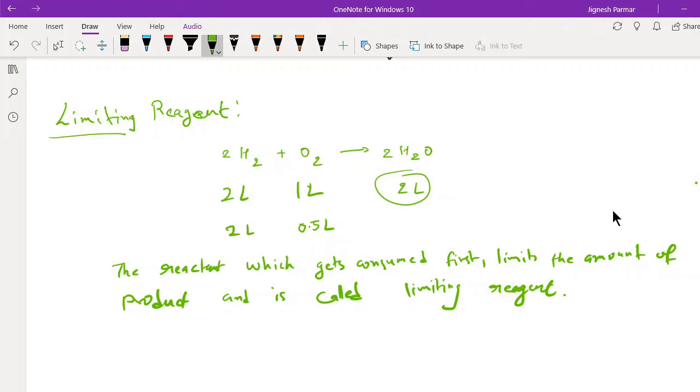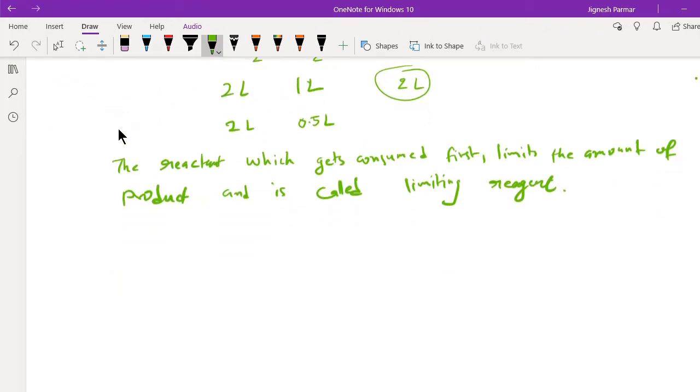What they are going to ask is one of the stoichiometric calculations we can perform with the help of it, as we know how to balance chemical equations. So we are not going to focus on how to balance the chemical equation, as we assume that you people are very well aware. Now we will find it out with the help of an example. How can we find out a limiting reagent?